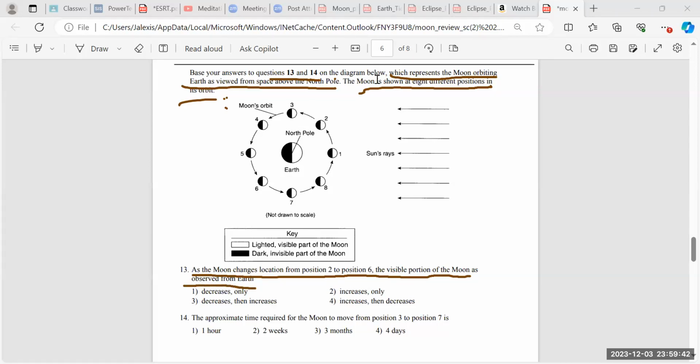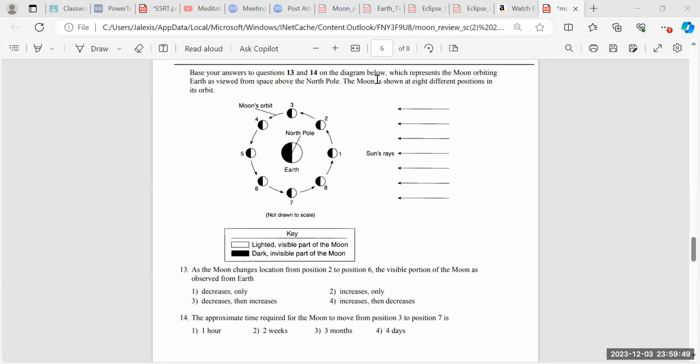So we're trying to find out what happens to the visible portion of the moon as it goes from position 2 all the way to position 6. Is the lit portion getting brighter? Is it getting darker? Is it just decreasing or increasing? That's what we're trying to find out, when it goes from position 2 through 3, 4, 5, and then 6.